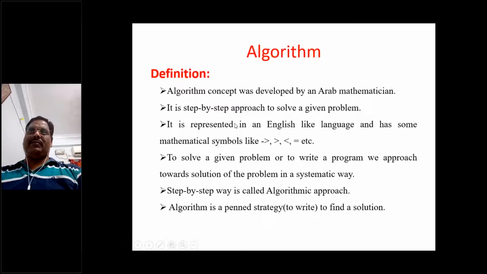In simple words also we can say it is a step-by-step approach to solve a given problem. And the first thing here is that it was developed by an Arab mathematician.